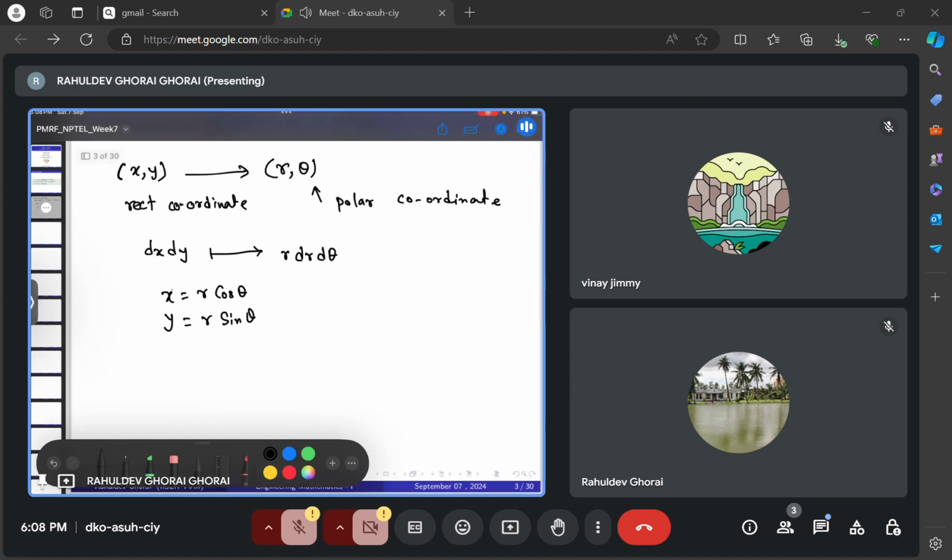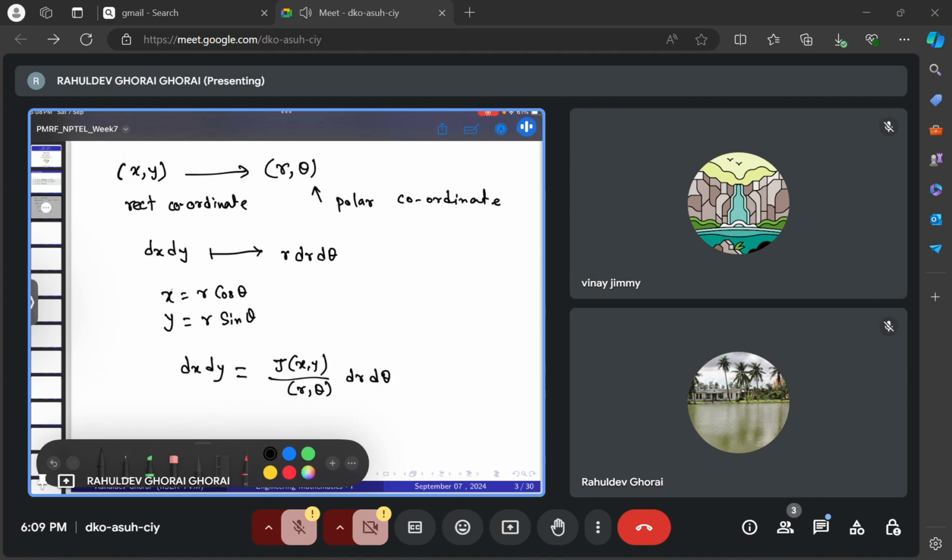There is something called the Jacobian, under which dx dy will change to r dr d theta, with the Jacobian of xy over r theta.